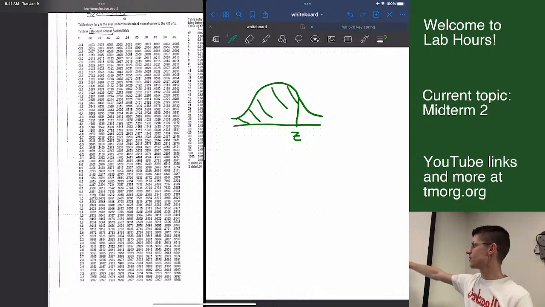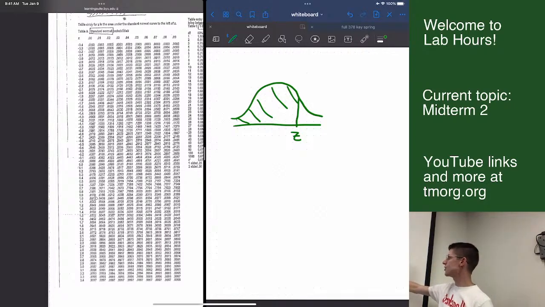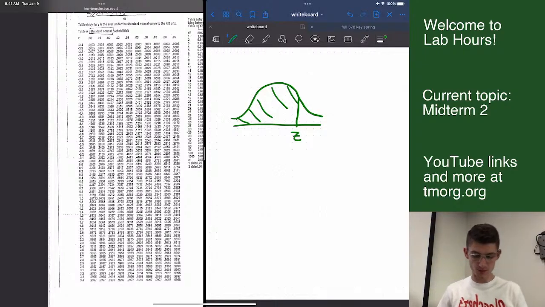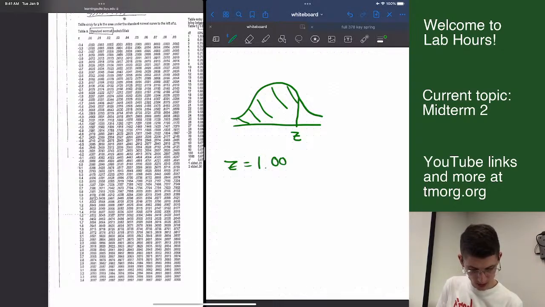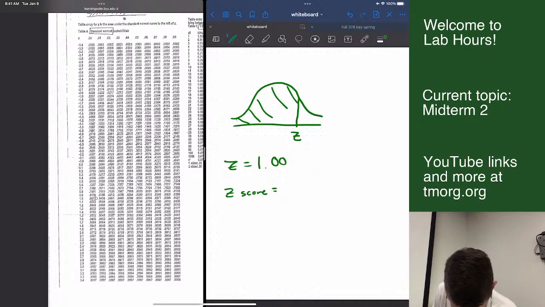Now it's going to be too small for you guys to see, but you have your tables. That's how we read this Z table: if I set Z equal to 1.00, then the value is 0.8413.